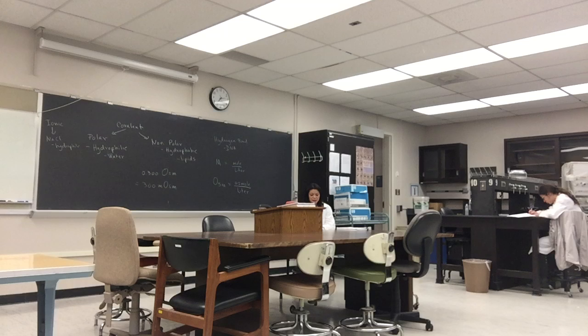Number 11, convert 1 molar of glucose into osmolarity. It would be 1 osmolar of glucose. And the next one, 1 molar of sodium chloride equals 2. And you don't need a calculator.